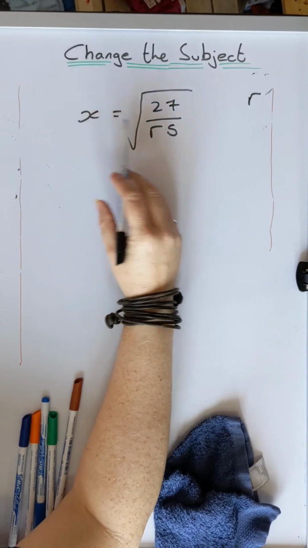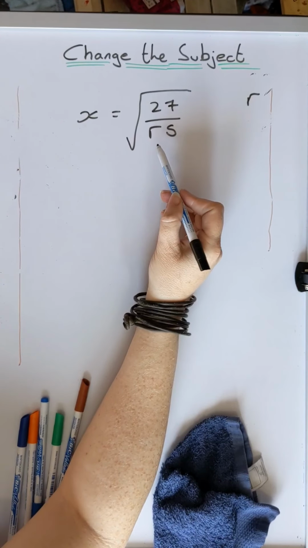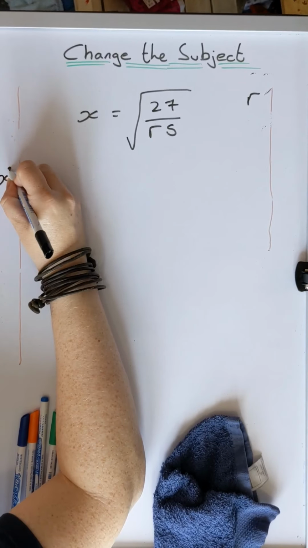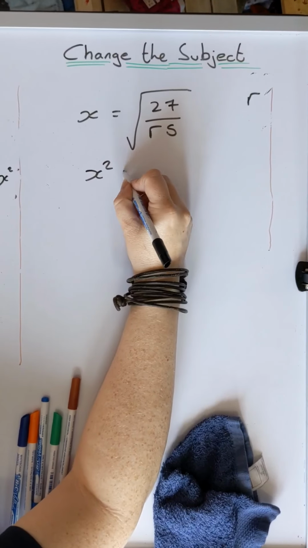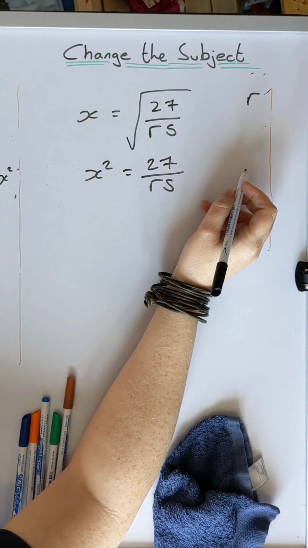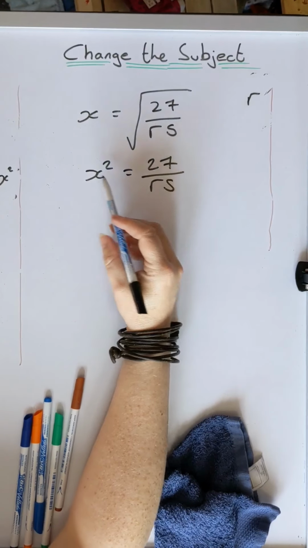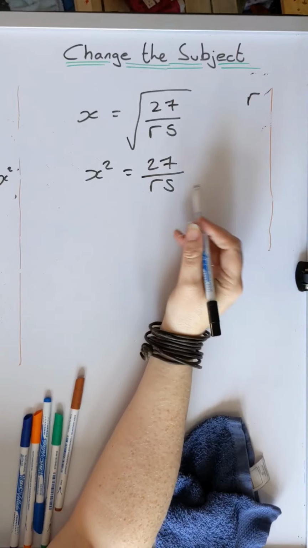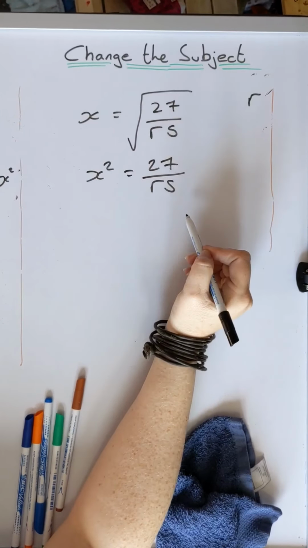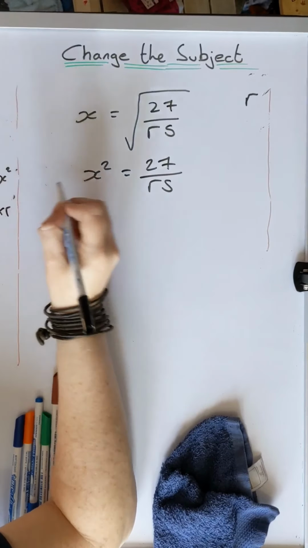The first thing would be this whole side is square rooted, so we need to square it to get rid of that, which gives us x squared equals 27 over rs. And what we want to do is get this r up. So here, if we multiply both sides by r, we can get the r into a positive numerator. So we're going to times by r.